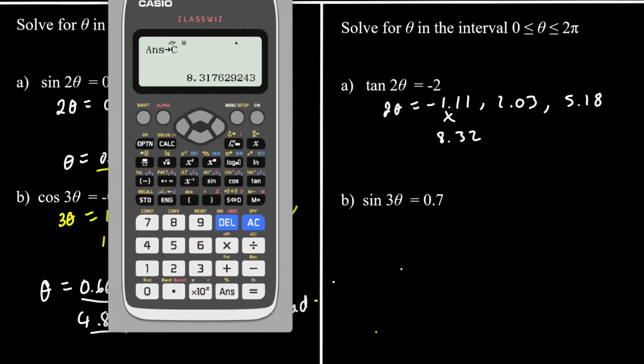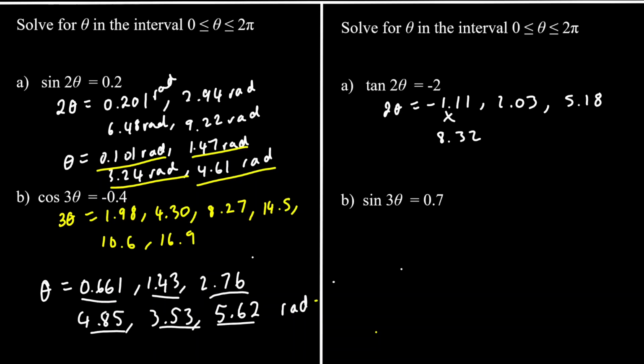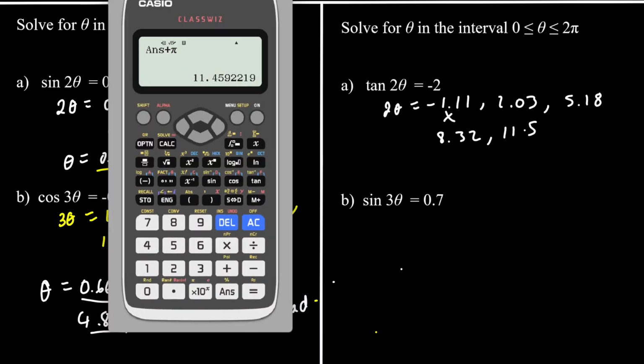That can be C, and plus a pi onto that one again, 11.5. And that can be D. So we've got 4 answers. We're not interested in the negative one, because we want our answers between 0 and 2 pi. So half all of these ones.